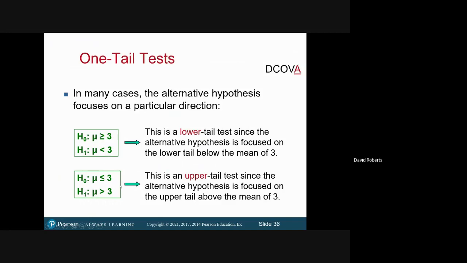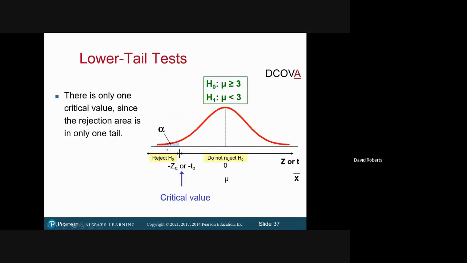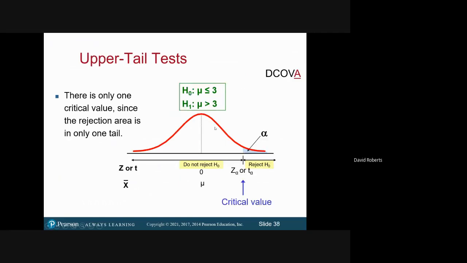If it's a greater than sign, it's right tail. So in this case, the rejection region will all be on one end, not on both sides. It'll be entirely to the left, or entirely to the right. So you can see this is a left tail test. The entire rejection region is below. And in this case, a right tail test. The rejection region is to the right.